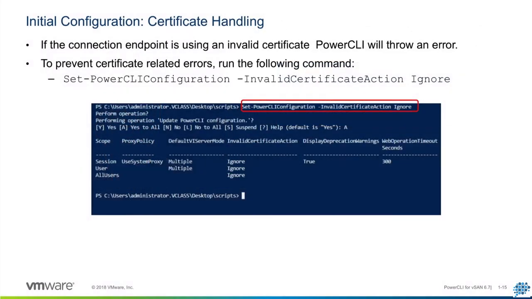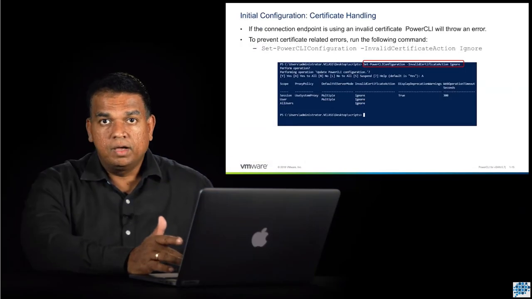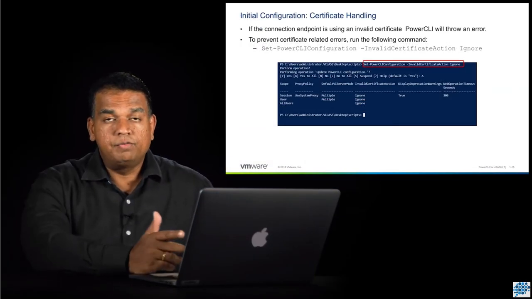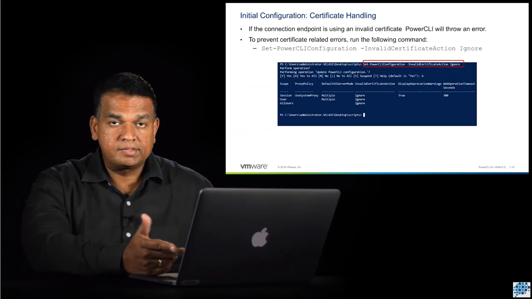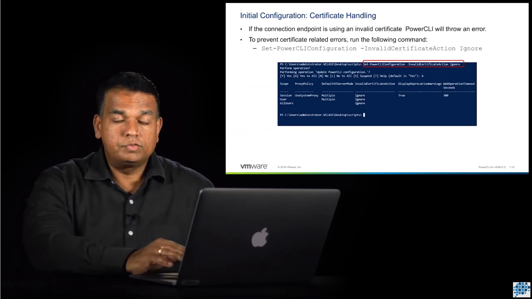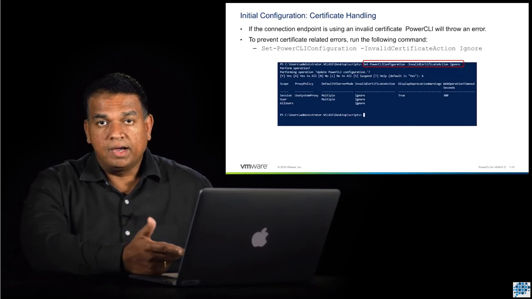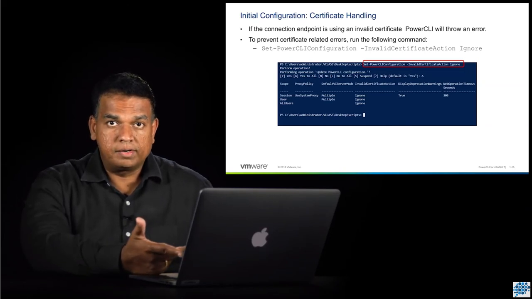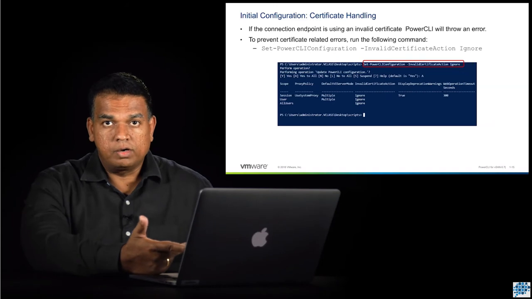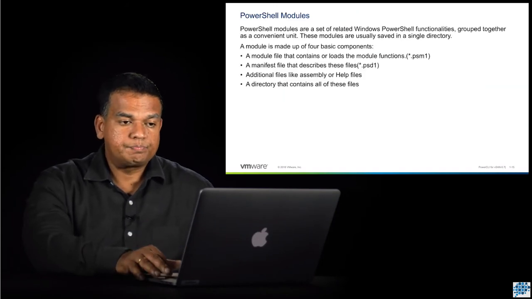So you simply put in Set-PowerCLIConfiguration -InvalidCertificateAction and set it to Ignore. So basically this will make sure that even if you get any certificate related errors, those errors will be ignored. So it's very important to do this before you start working with PowerCLI and connecting to your vCenter or any ESXi hosts.